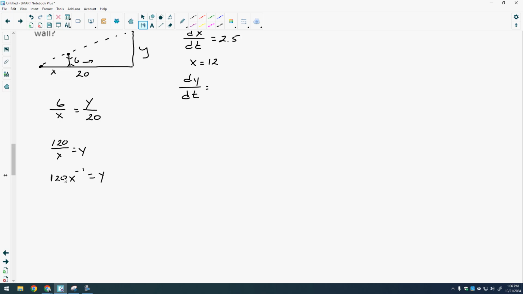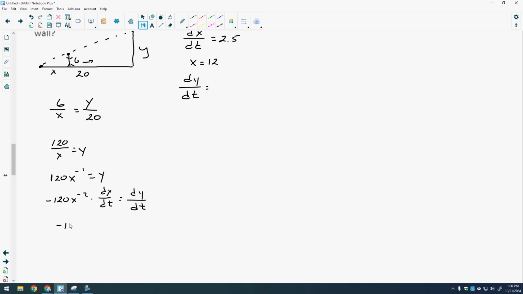We okay with that becoming that? And now I have a simple exponent. Negative 120, decrease the exponent by 1, multiply it by dx/dt equals the derivative of y. And we got that. Plug in what we know. We know x is 12, so this becomes 144.